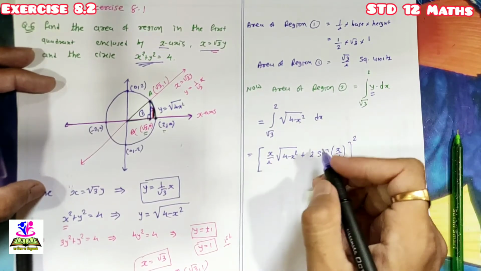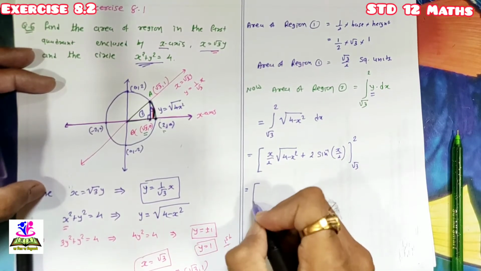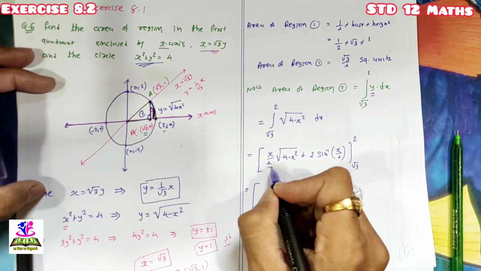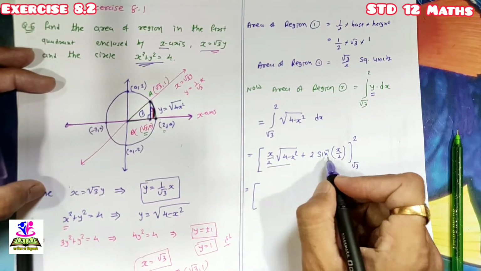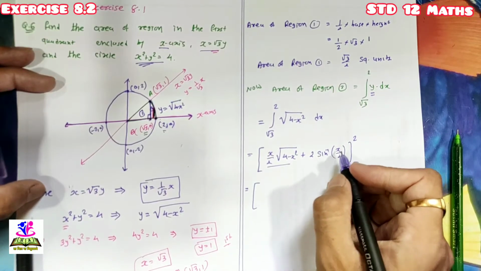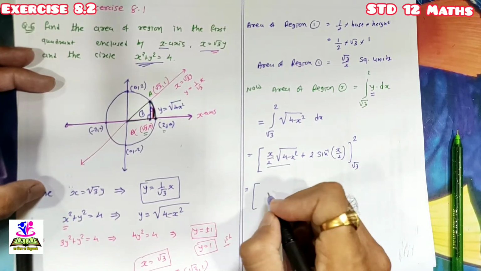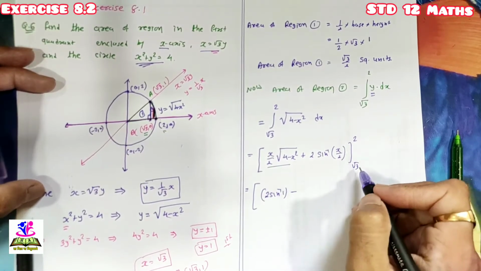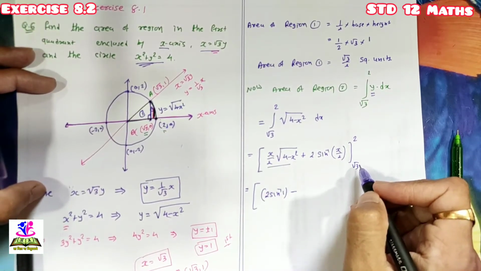Now put the values of the limits and simplify it. First we take x equal to 2. For x equal to 2, this is 1, this is 0. This will be 0 plus 2 sine inverse 2 by 2, so it's 2 sine inverse 1. Minus, now put x equal to √3.